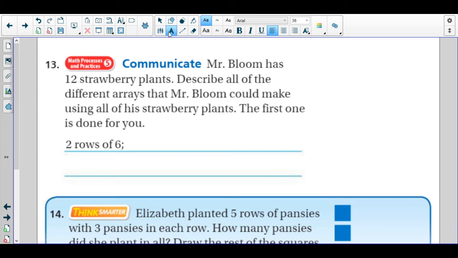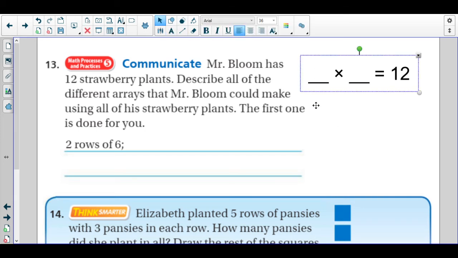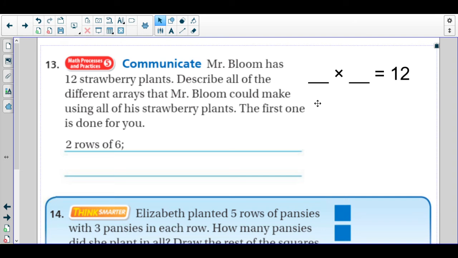So I am going to fast forward us here because what we need is a number times a number that gives us 12. And you know what? We're going to start with the easiest one.